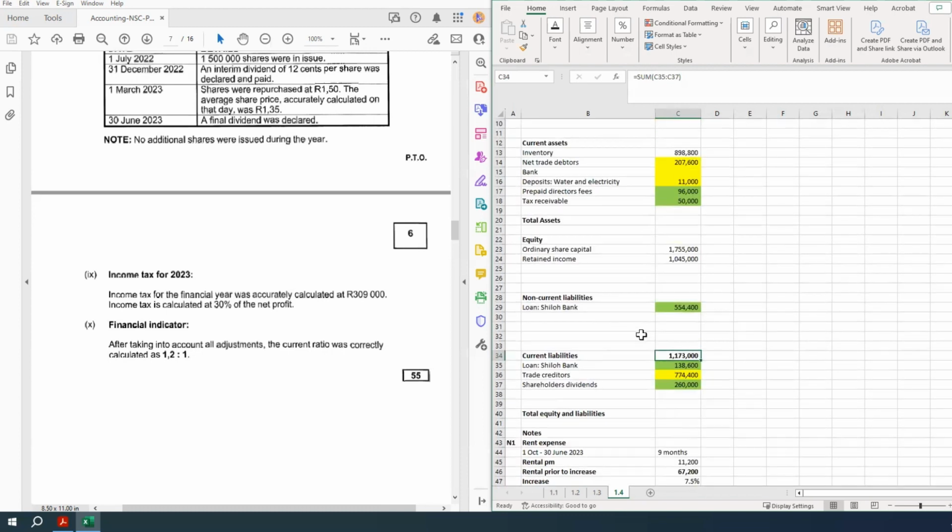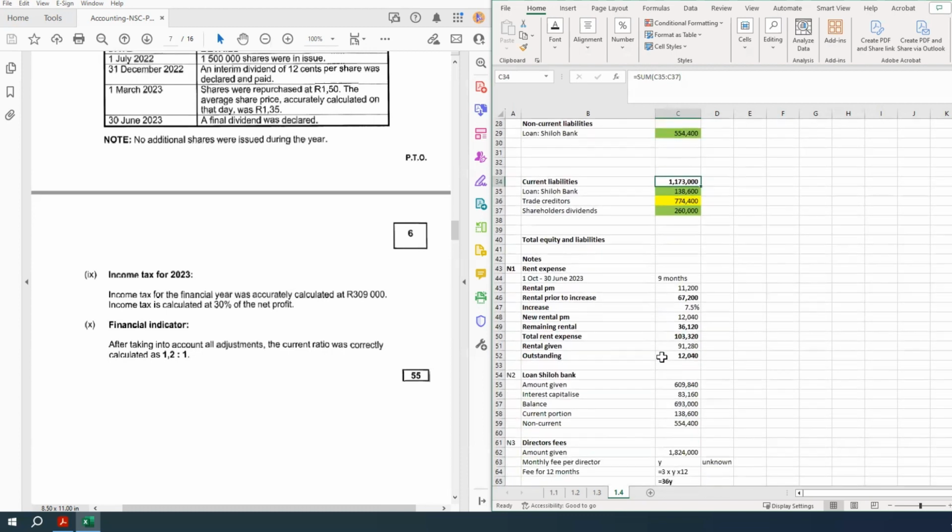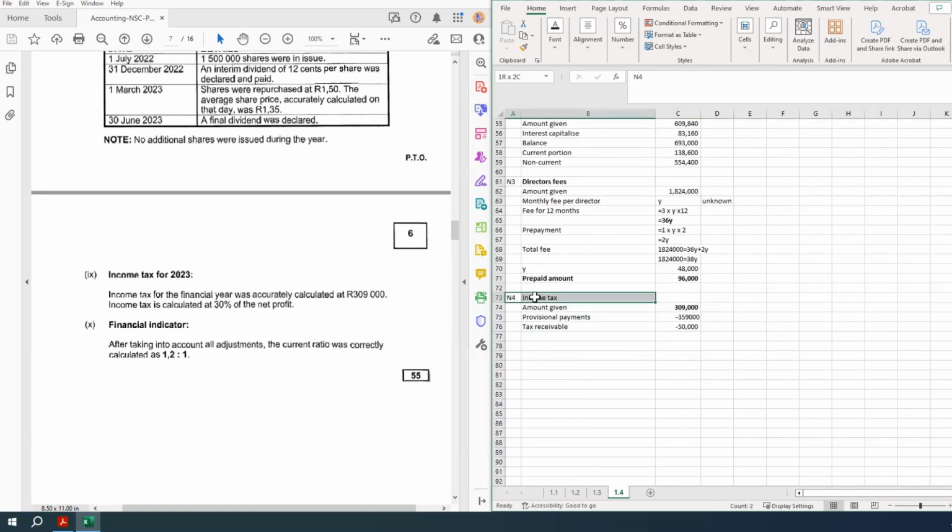So you can either do this in a note, so I'll just add a note for this one, and this is to work out current assets.